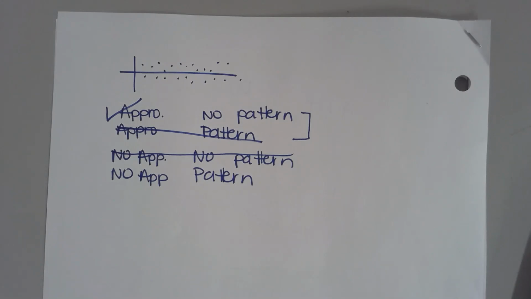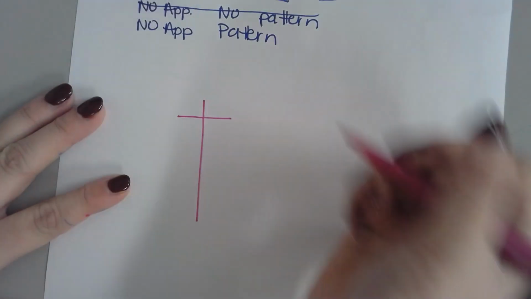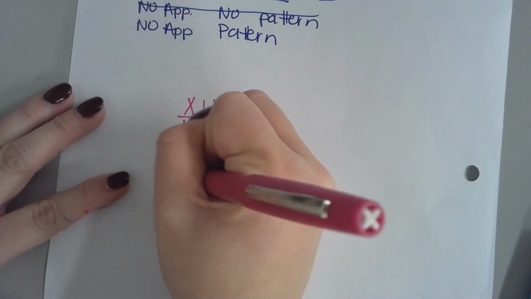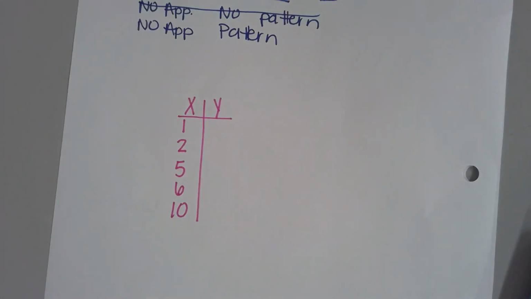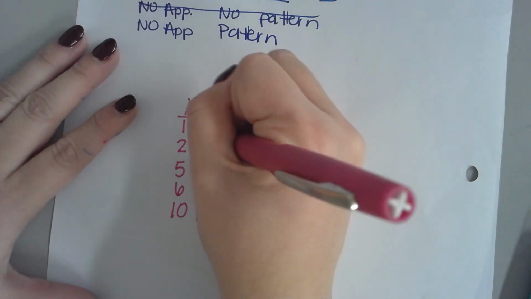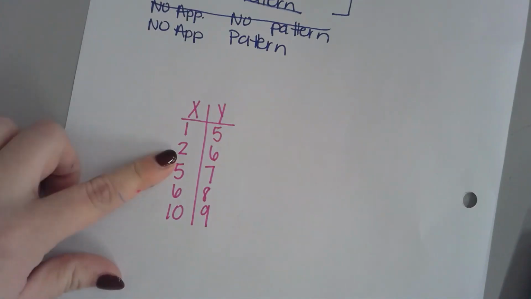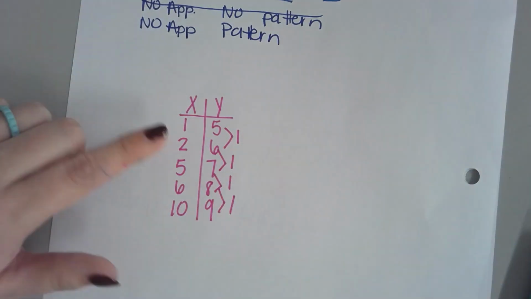Okay, one other thing. If you have a table and your x values don't go up by the same amount, you can't just say, okay, that's 1, 1, 1, 1.